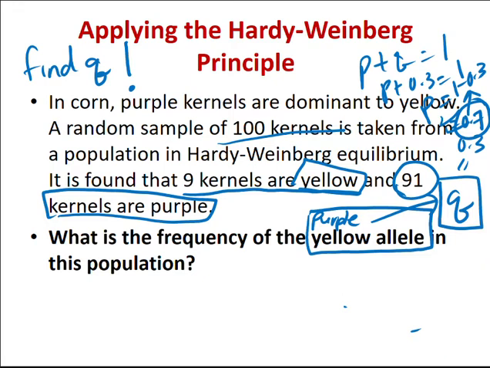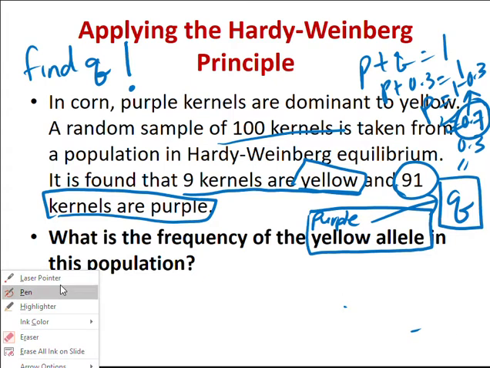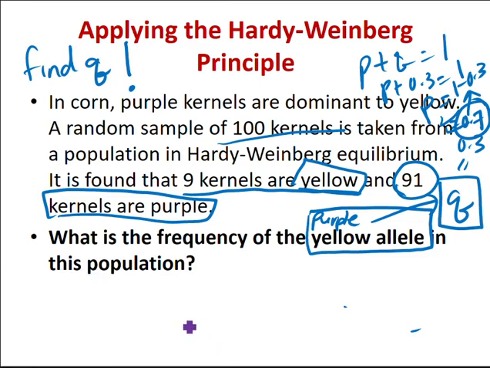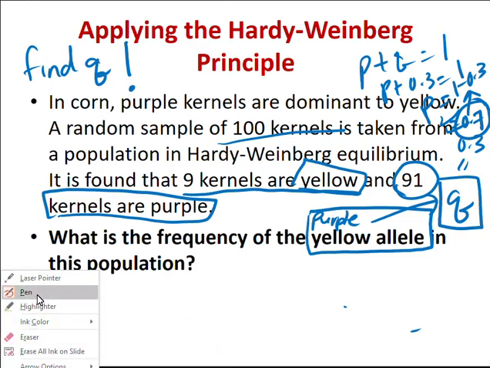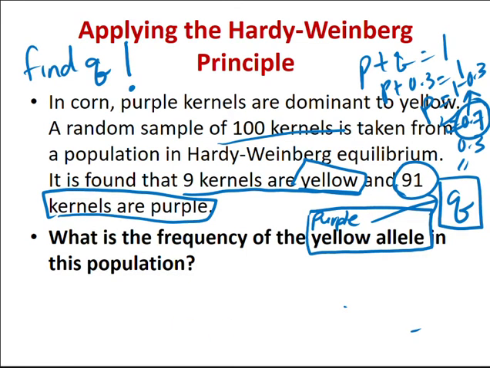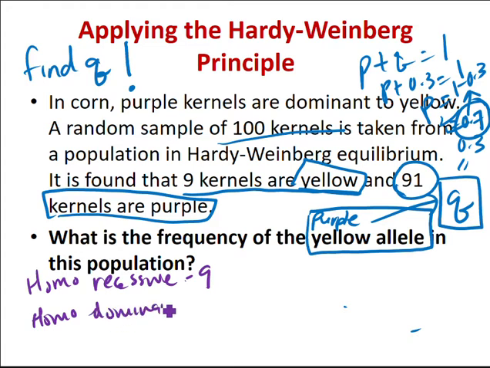Alright, now I'm going to use another color. Let's just use purple. Okay, what if you start with 91, right? So you know that the homozygous recessive is 9, right? So homozygous dominant is 91.